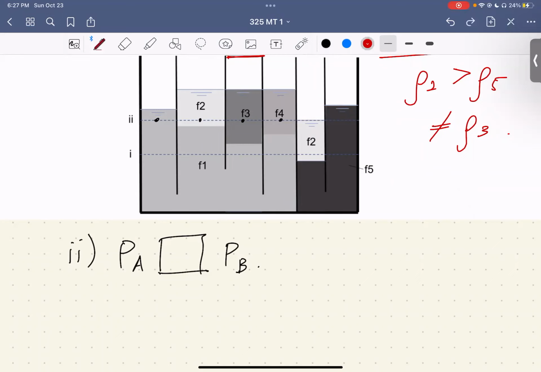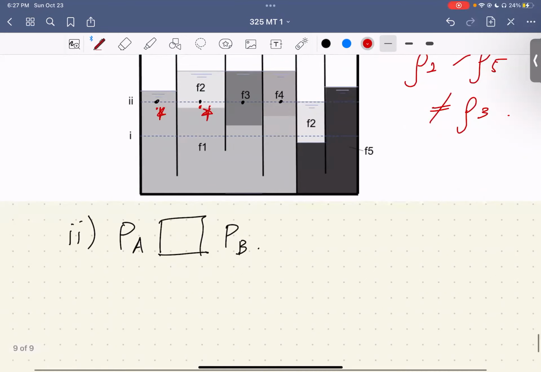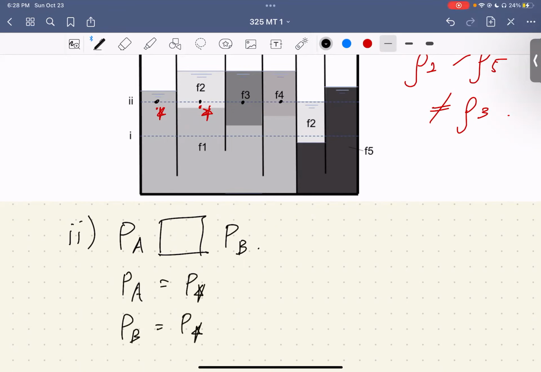Let's start with a point right here. We'll call this point star, and we're trying to write out PA and PB. It starts at point star. Then we are going up, so we're going to be losing pressure as we go up.